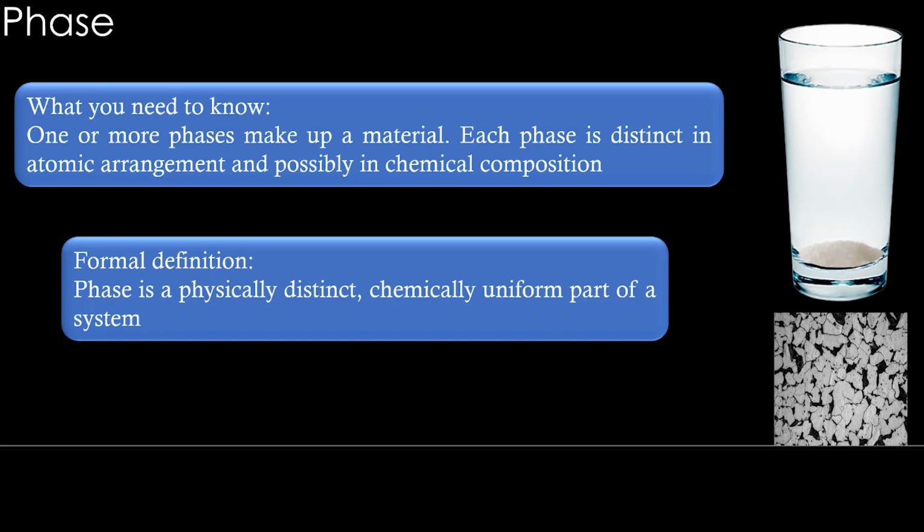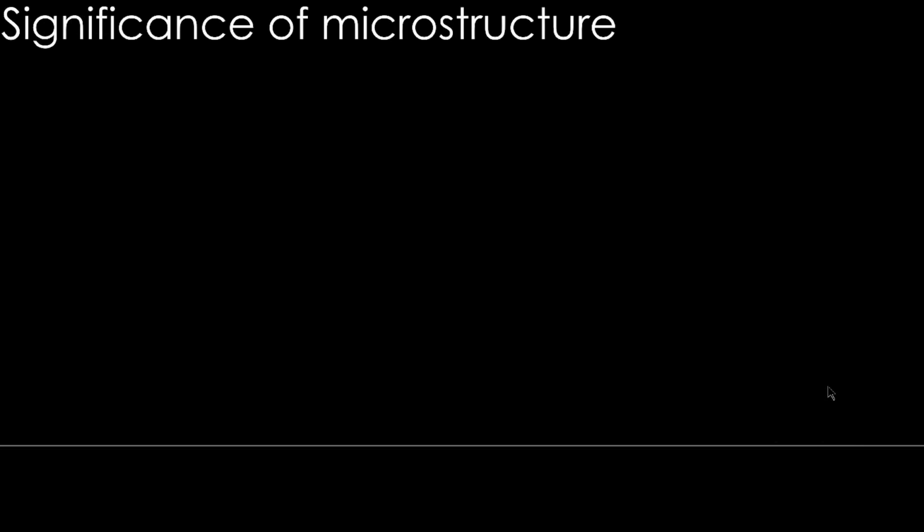The crystal structure and chemistry of them are different, therefore their physical properties are going to be different. And chemically uniform means that the chemical composition within a phase is the same. Within this black phase, the chemistry will be one and it will be uniform everywhere. Within this white phase, there will be a different chemistry and it will be uniform everywhere. That is the meaning of a phase being chemically uniform.